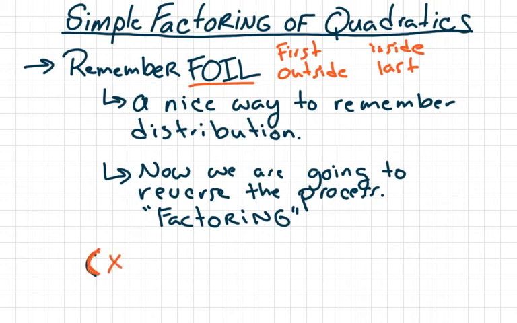Okay, so if we have something like x plus 2 times x plus 3, we can use FOIL to properly multiply these two binomials, meaning two terms together. We do that by first multiplying the first numbers, the x and the x, and that gives us x squared.